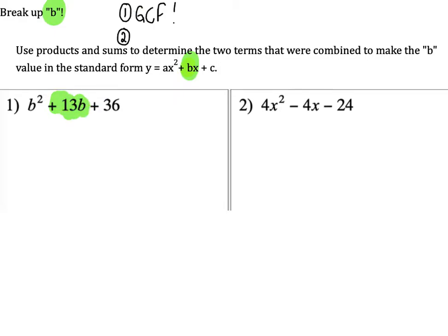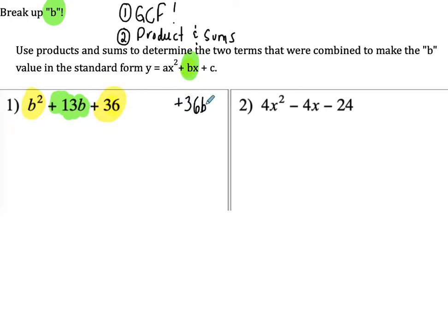And here's what I'm going to do. I'm going to use the little product and sums trick that we have been talking about in class. I'm going to find the two numbers that multiplied together give me the product of my first term and my last term. So the product will be positive 36b squared.